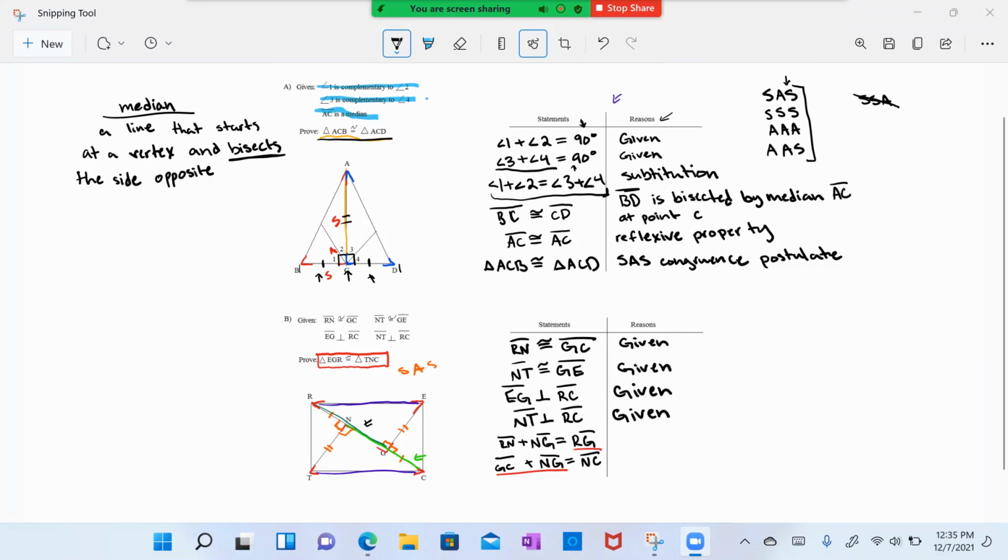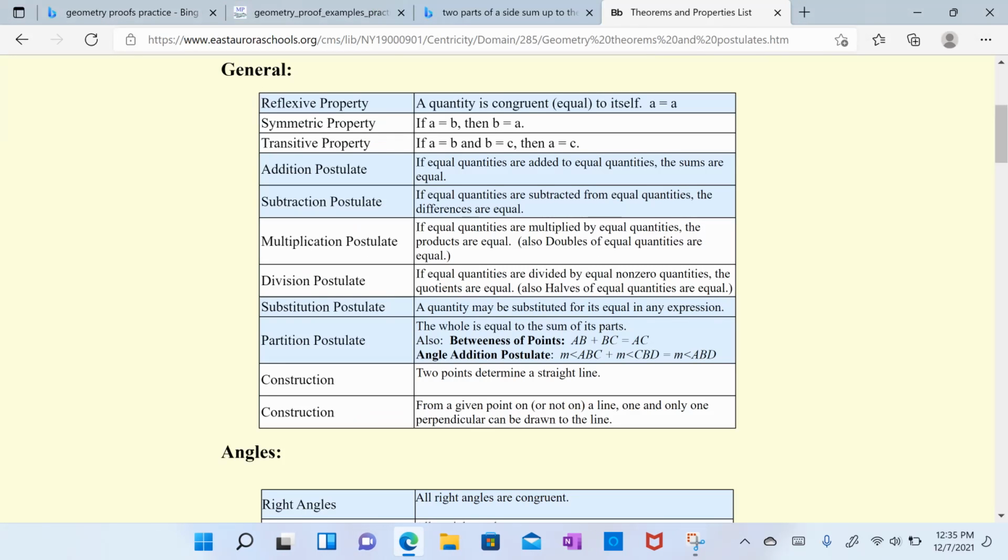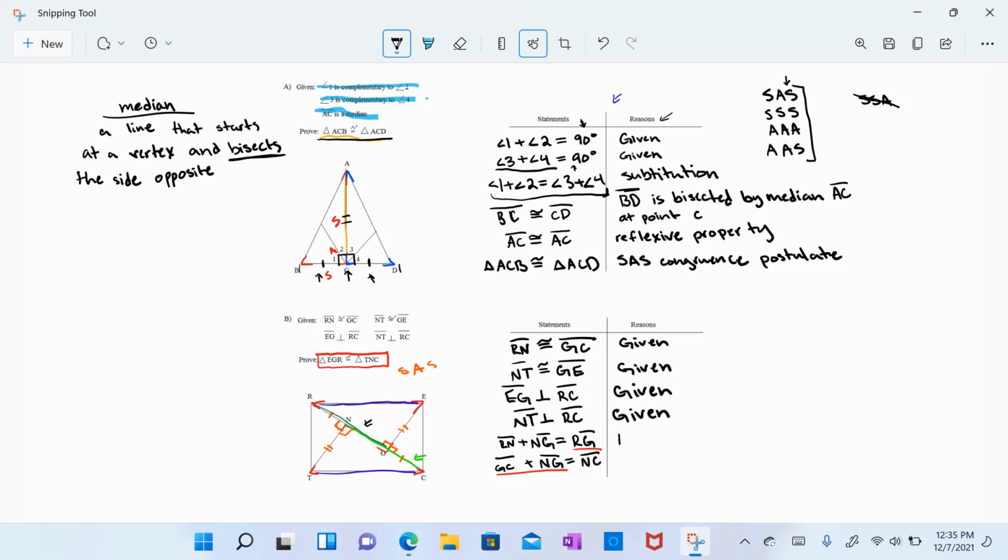So what we're going to do for both of these is that the sum of a whole is equal to the sum of its parts, which is part of the partition postulate. So that's what we're going to write for our proof. The partition postulate. And in our notes, we're going to write the definition of this so that we won't forget.